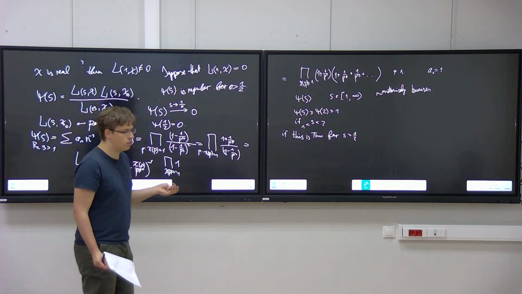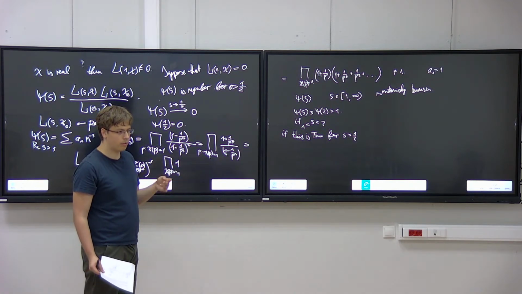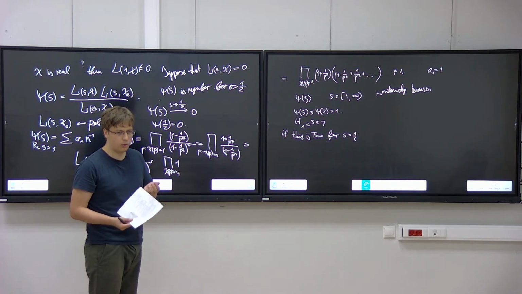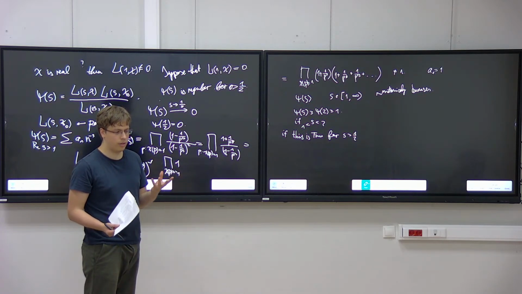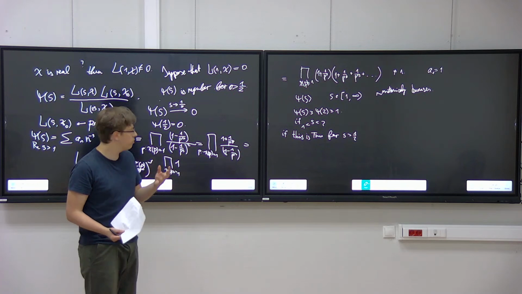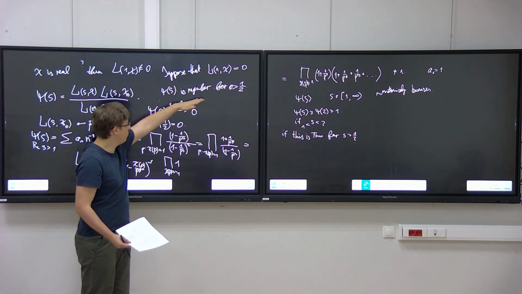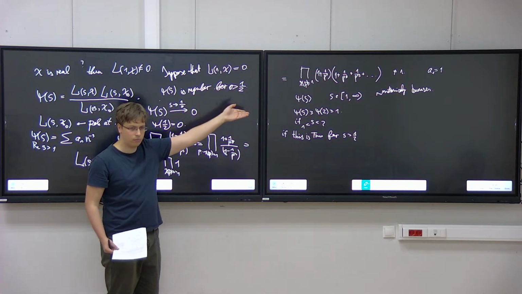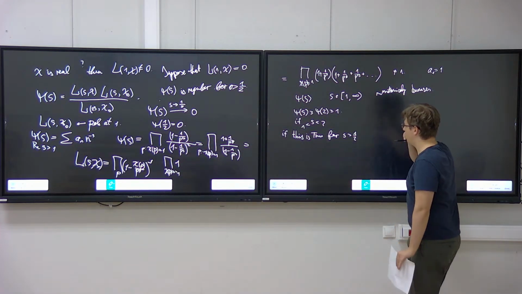The idea is to look at the Taylor expansion at some point, for example at 2. And Taylor expansion is good because we know that it holds in a circle where our function is holomorphic. And we know that it is holomorphic for real part of s greater than 1 over 2. So let's look at the Taylor expansion at 2.